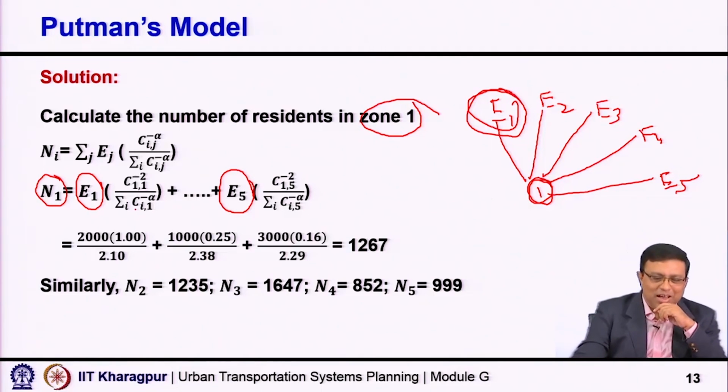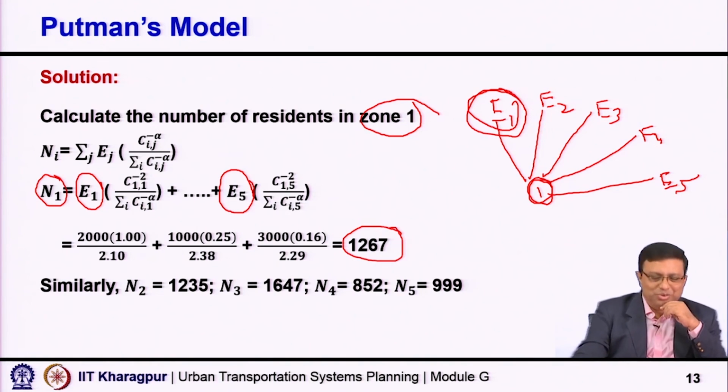So the numerator will be C11 to the power -2 divided by the sum over I of Ci1 to the power -2. I have written it generally as minus alpha; alpha is 2 in this case. Like that you calculate N1.